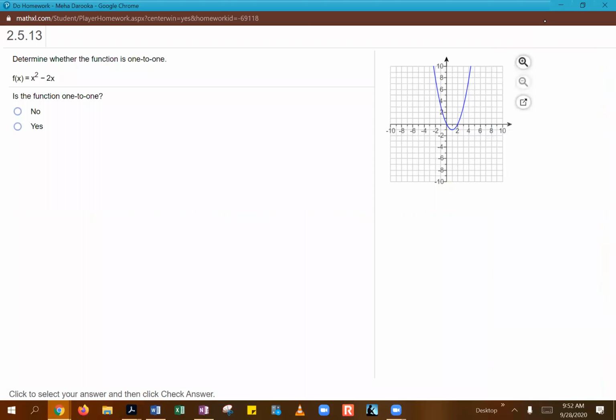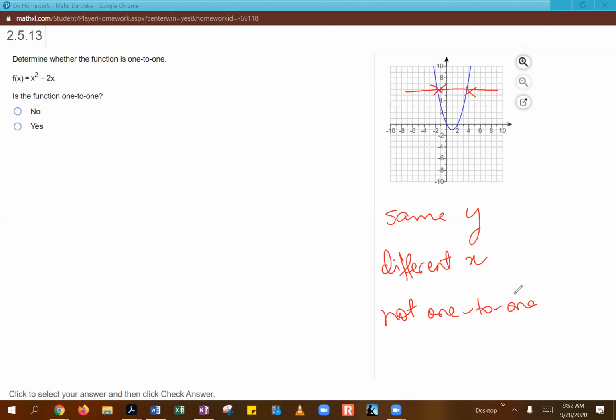And of course, it's as simple as drawing a horizontal line through your function. And if it crosses your function at more than one point, that means for the same Y value, you have different X values. Which of course tells us our function is not one-to-one, which means we will not be able to find its inverse.